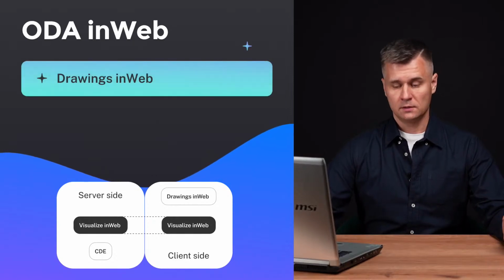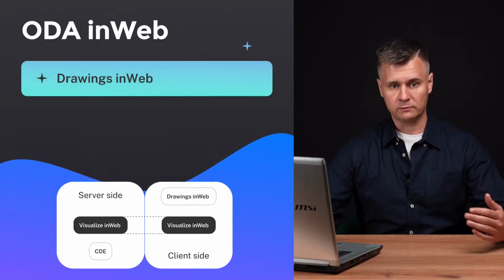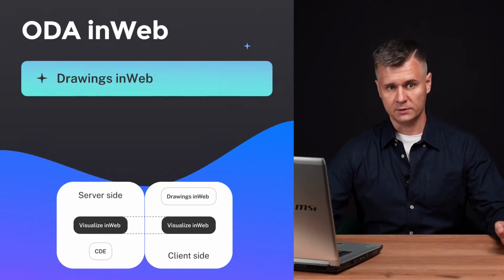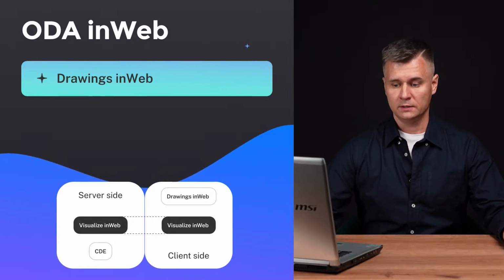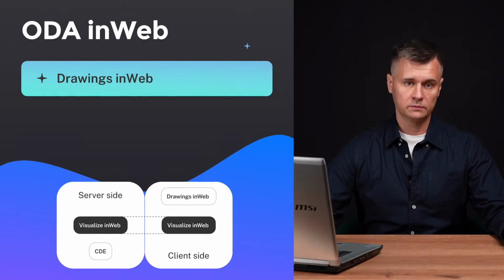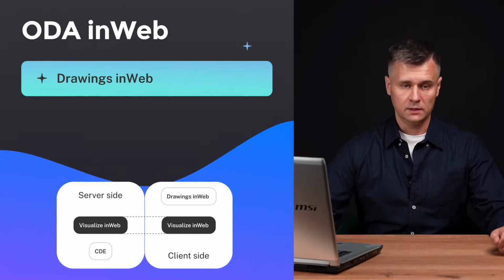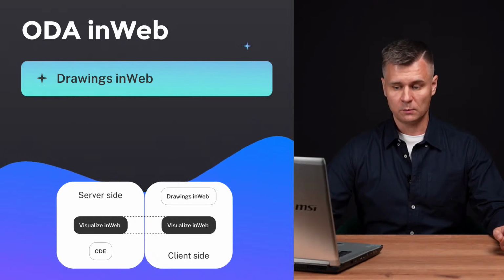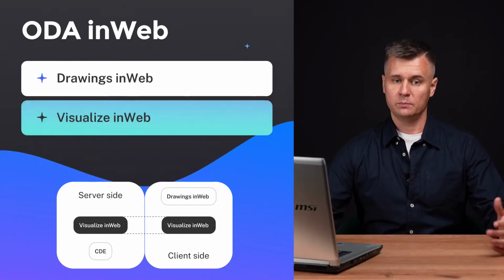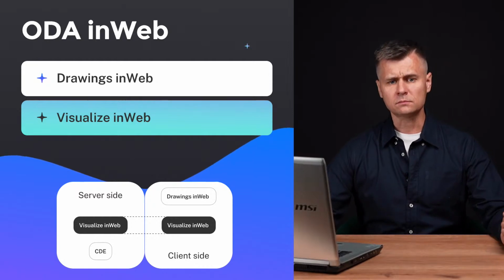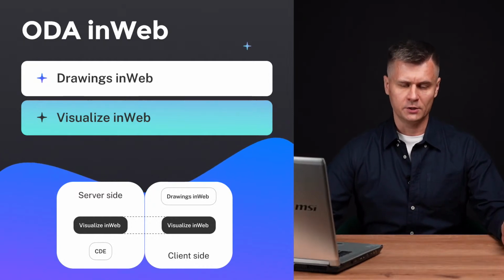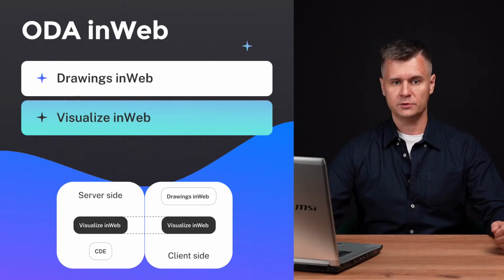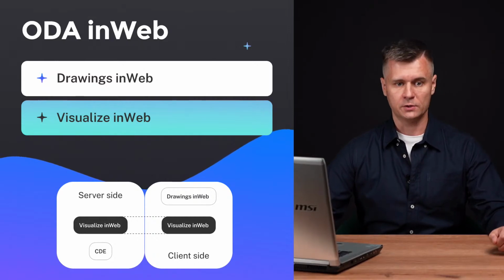Moving from client to server side, first there is Drawings in Web. It's used primarily on the client side to provide support for the DWG format. Visualize in Web may be used locally on the client side, but the common scenario is usage on both client and server side.